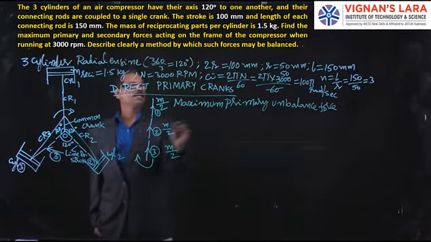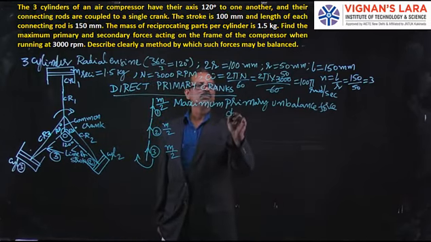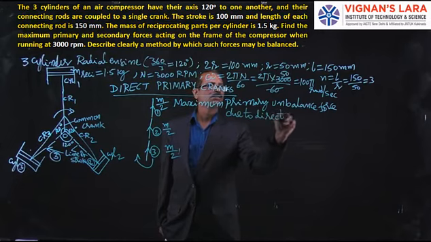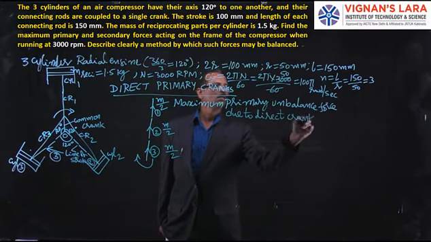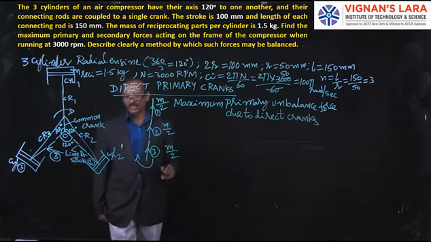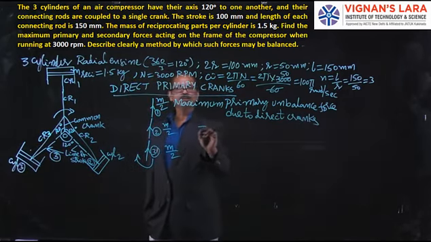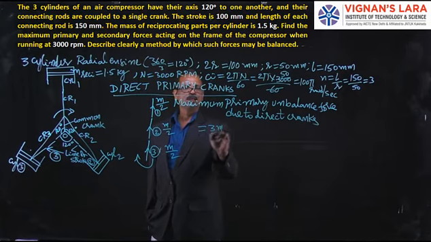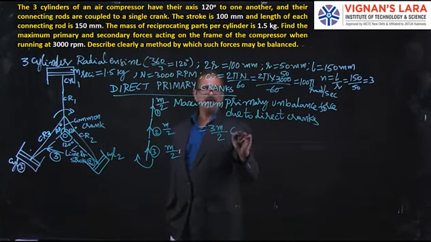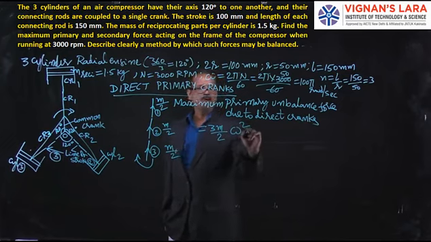These are m by 2, m by 2, m by 2, that is 3m by 2, and all are revolving with the same angular velocity omega with radius r.